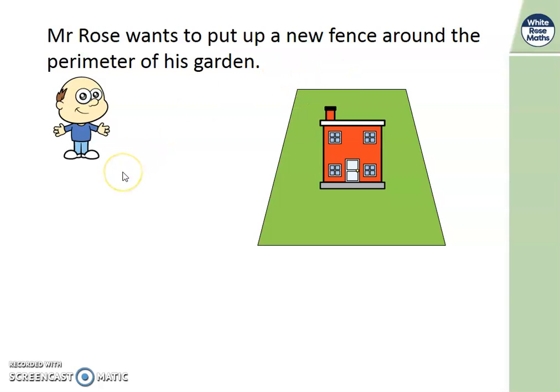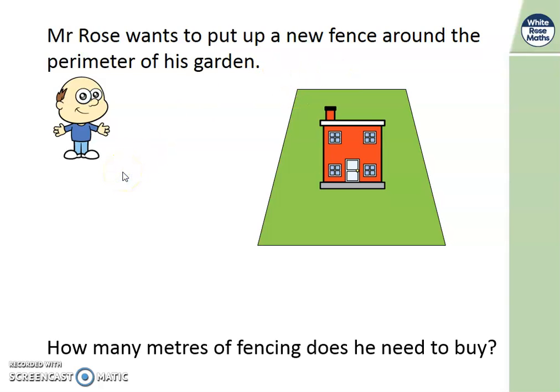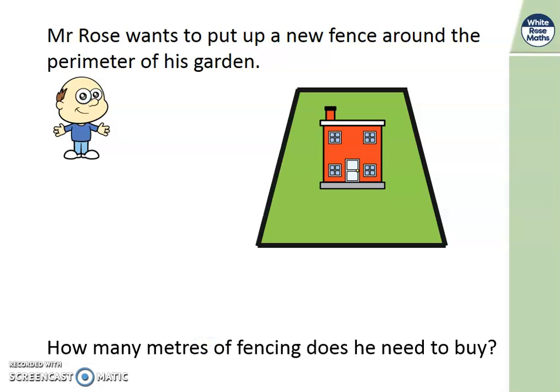So he's going to measure the sides. We want to find out how many meters of fencing he needs. We want this edge, add this edge, add this edge, add this edge to find all the way around the perimeter. So he gets out his measuring and sees how long it is.